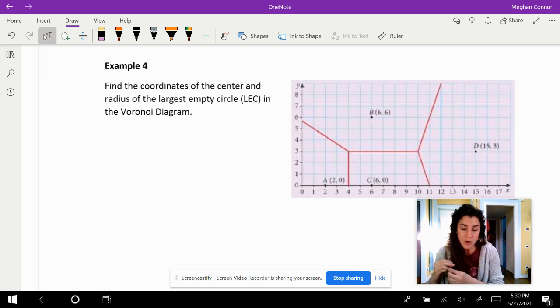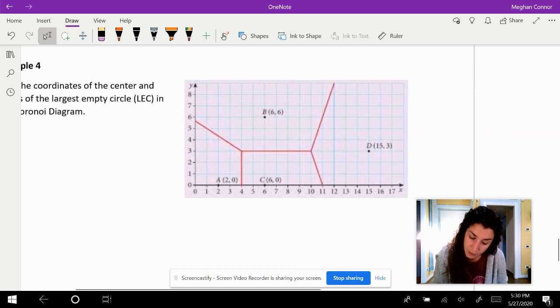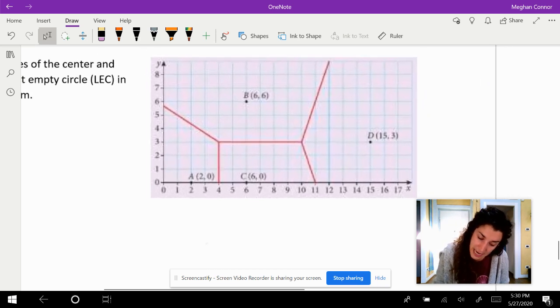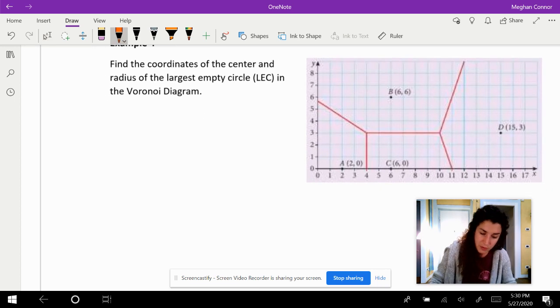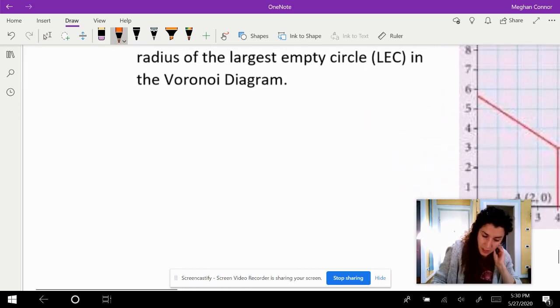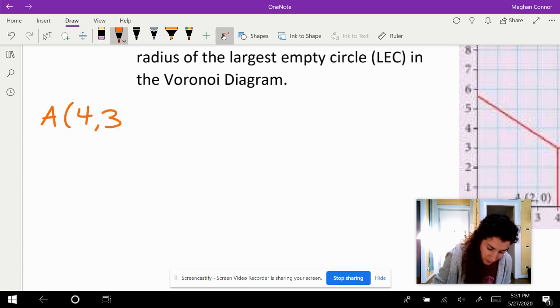So we're looking at this Voronoi diagram and we only have two vertices, and those vertices lie on (4, 3) and (10, 3). So those are our two options. So I might even represent them with two different colors. I'll call this one A, and A is (4, 3).